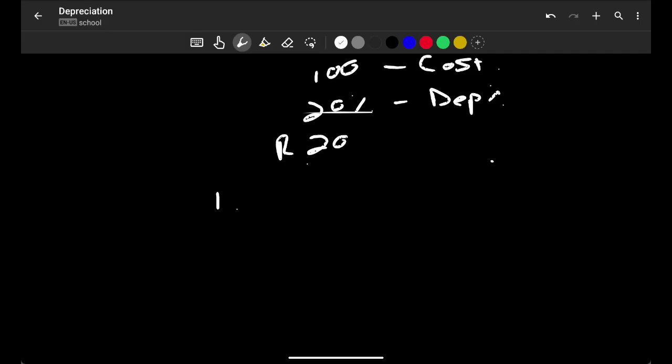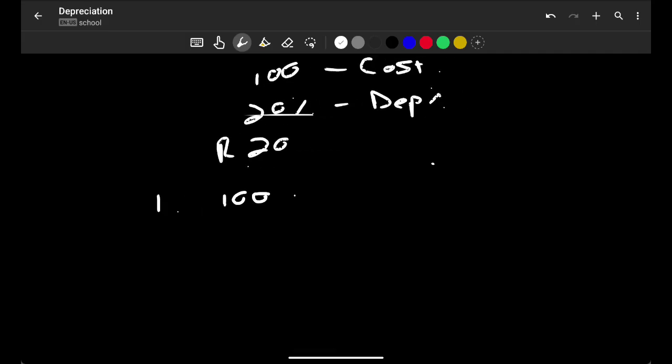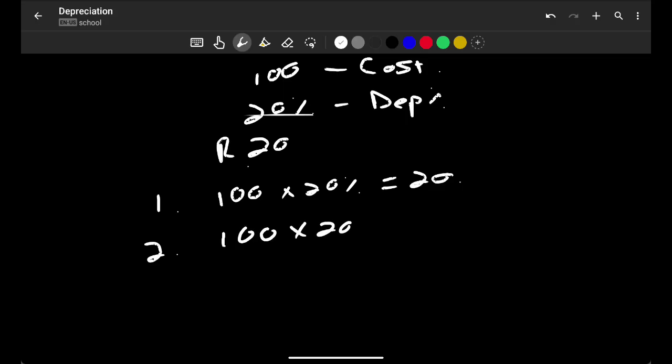So year 1, you'll have 100 rand minus 20, you have 80, right? All right, let me not calculate it this way. Year 1, you're going to say 100 rand multiplied by 20% equals 20. Year 2, you have 100 rand multiplied by 20% equals 20. Year 3, you still have 100 rand multiplied by 20% equals 20.